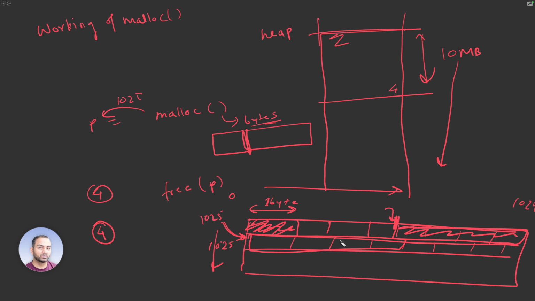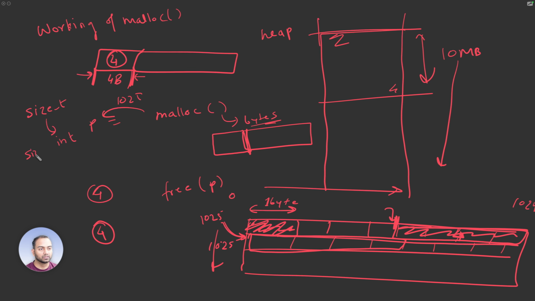Just behind the 1025, it'll store the number 4 there. So essentially, it gives me this chunk and then allocates 4 bytes behind, and there it will store the size. And this width, how many extra bytes to allocate, comes from size_t, which happened to be an int.